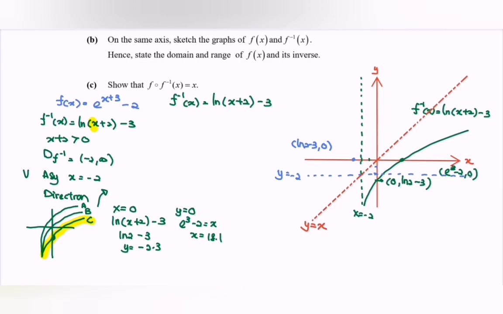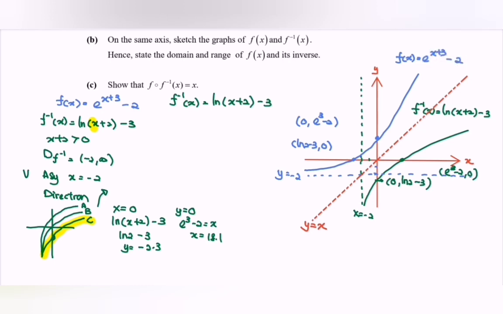If we reflect, it becomes the y-intercept. So here will be the point (0, e^3 minus 2). So the graph will be something like this. Then that is the graph for f(x), e^(x+3) minus 2.